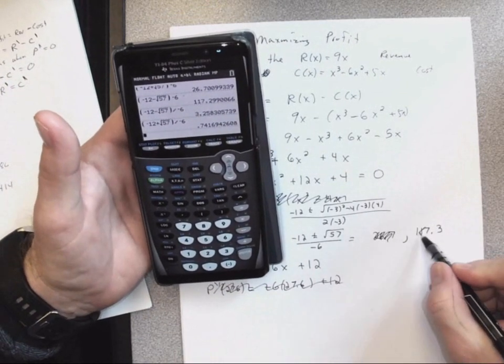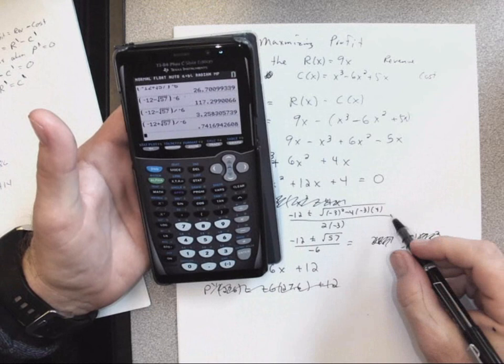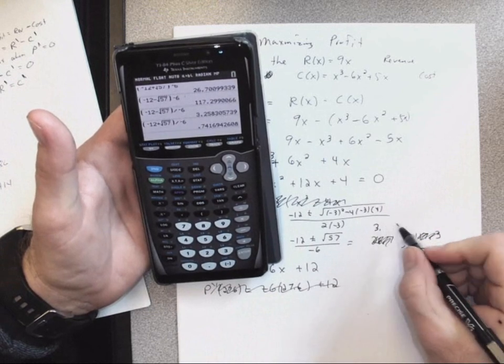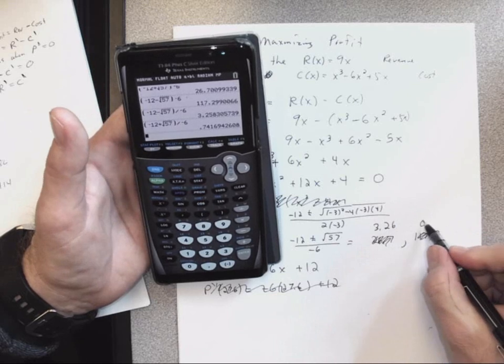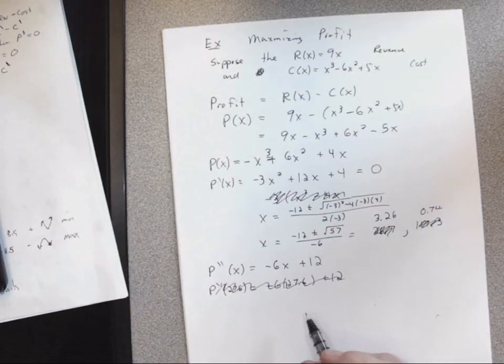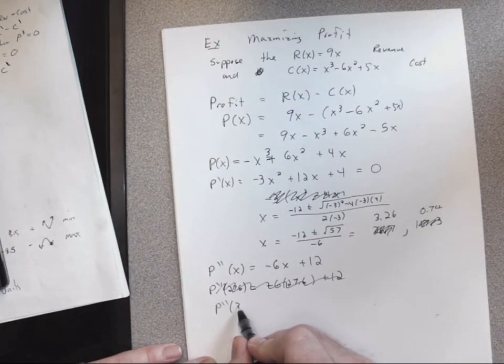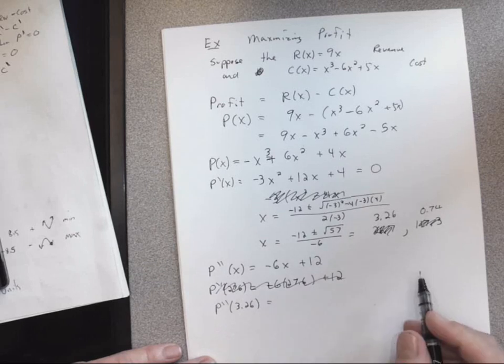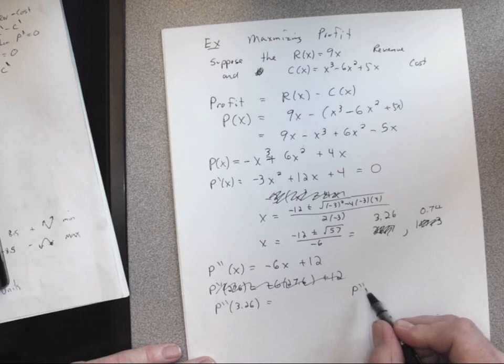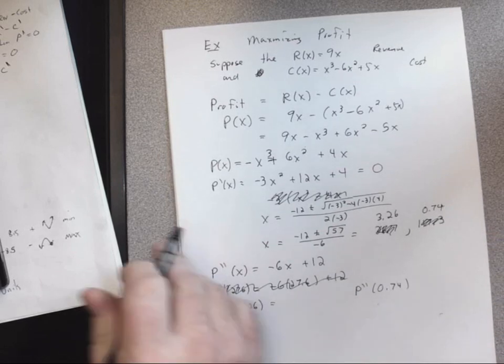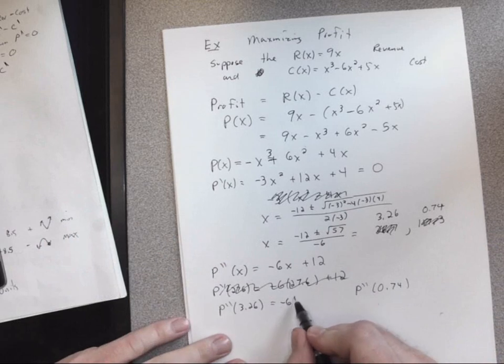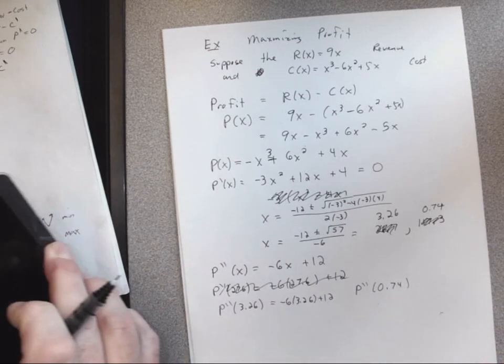I get one is 3.26, and the other one I get 0.74. So plugging those both into the second derivative. So this is minus 6 times 3.26 plus 12. That's looking negative.